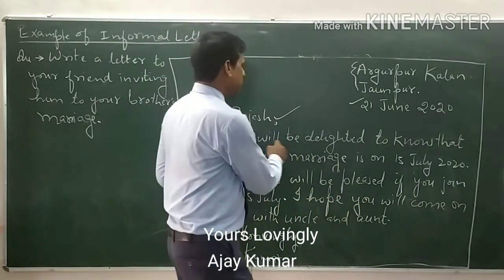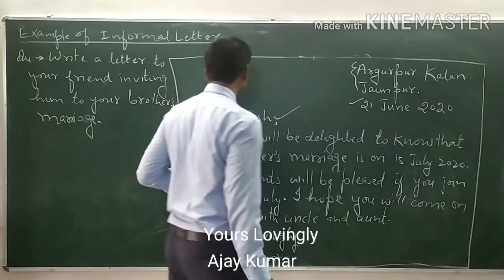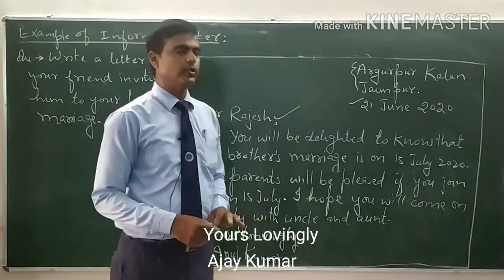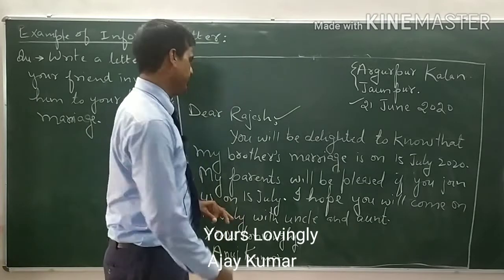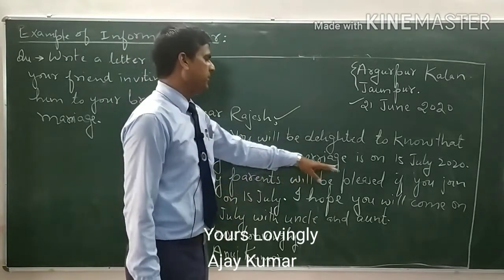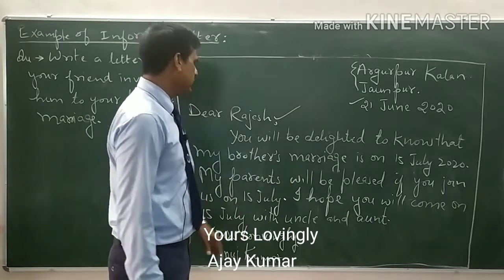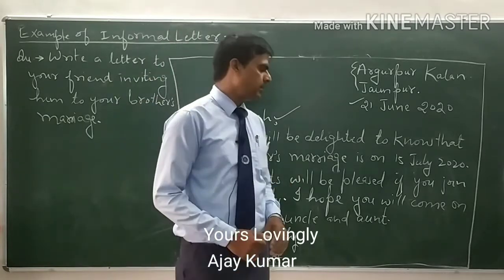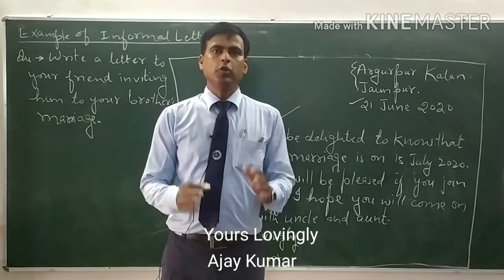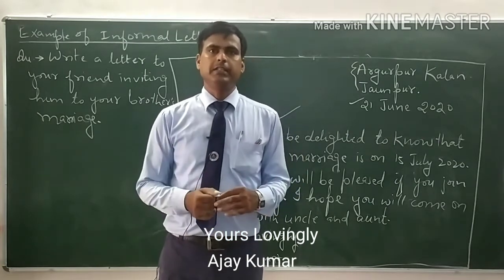For example, you will be delighted to know that my brother's marriage is on 15th July 2020. My parents will be pleased if you join us on 15th July. I hope you will come on 15th July with uncle and aunt. Now your content is completed.